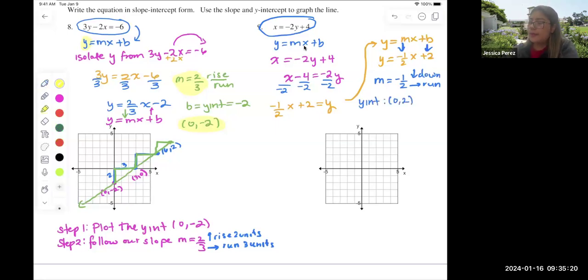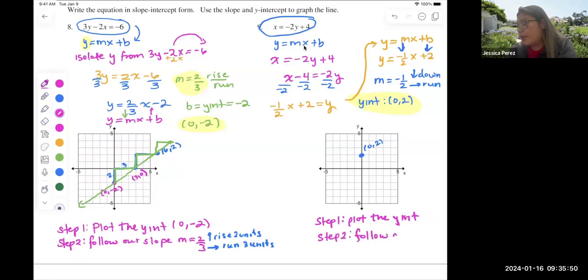So again, we start graphing by plotting the y-intercept. From this point, 0, 2, I'm going to follow my slope. Again, step 1 was plotting the y-intercept. Step 2, I have to follow the slope, which in this case is negative 1/2.